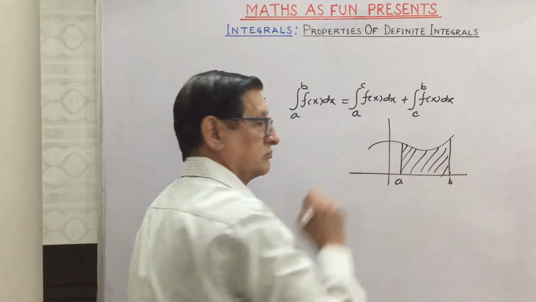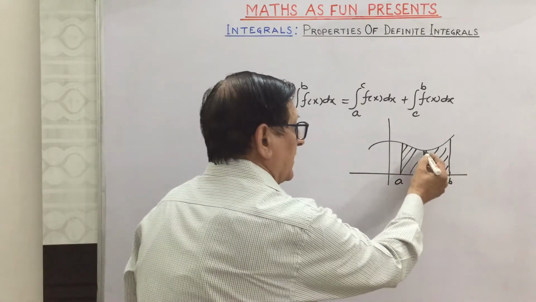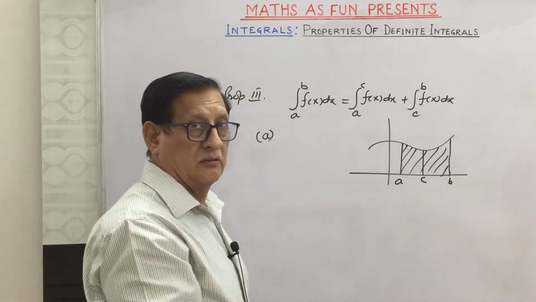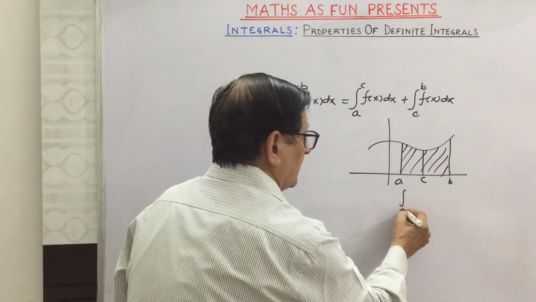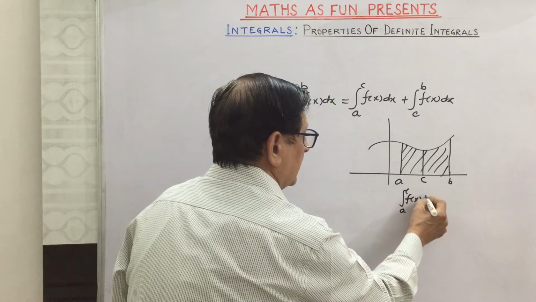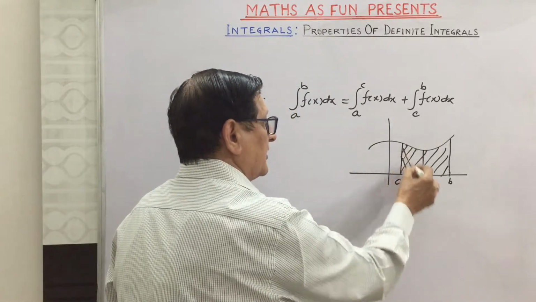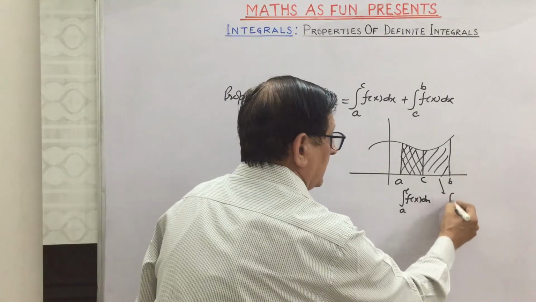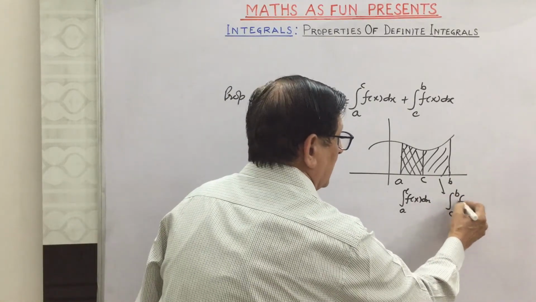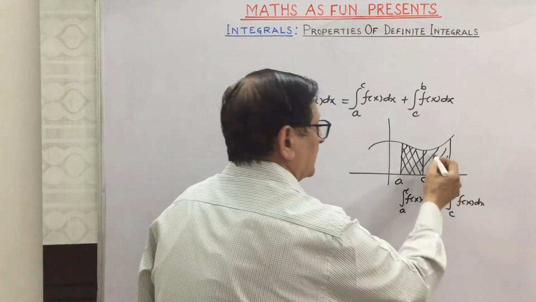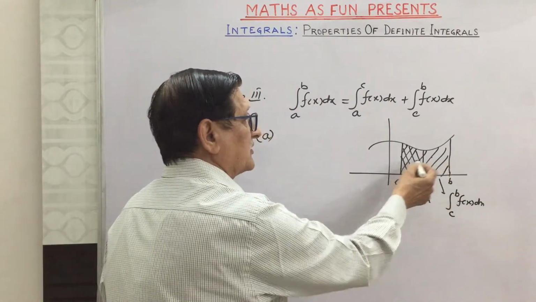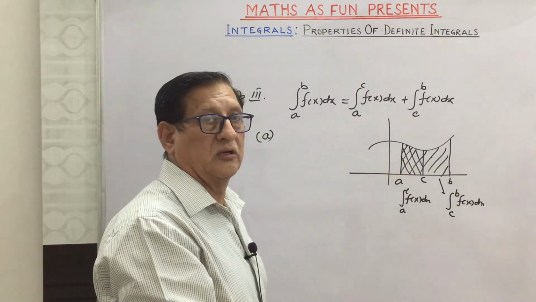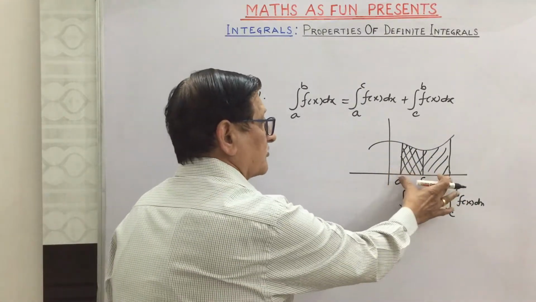In case we take any point c somewhere in between a and b, then the integral from a to c f(x) dx will represent this area, and the integral from c to b f(x) dx will represent this area. If we find the sum of these two, it will be equal to the integral of f(x) from a to b.